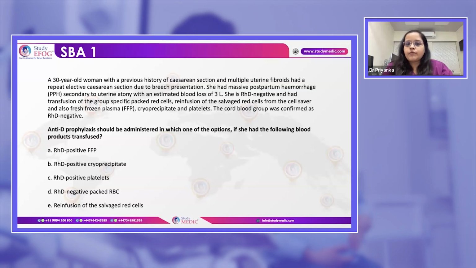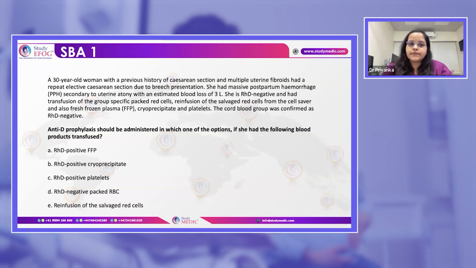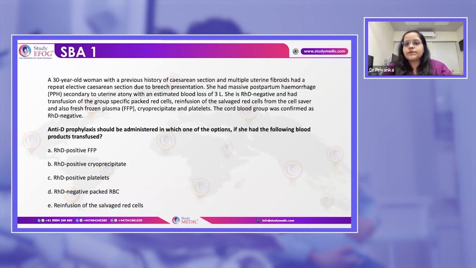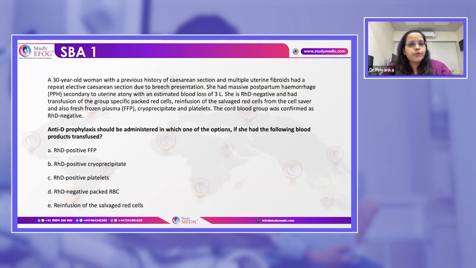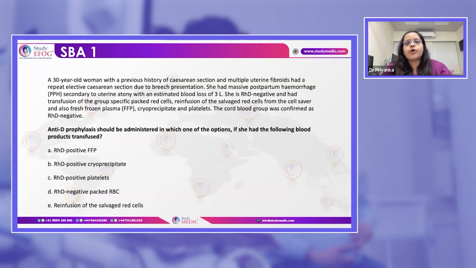Her blood group was found to be RH negative, and because she had a massive blood loss, she was transfused with group specific packed red cells, and there was also reinfusion of salvage red cells, that is intraoperative cell salvage. She also received fresh frozen plasma, cryoprecipitate, and platelets, and the cord blood group was found to be RH negative.